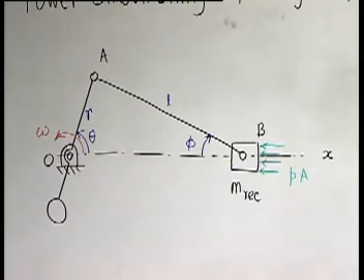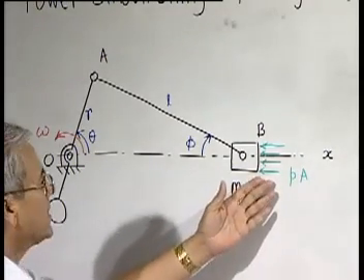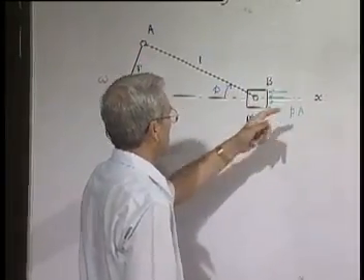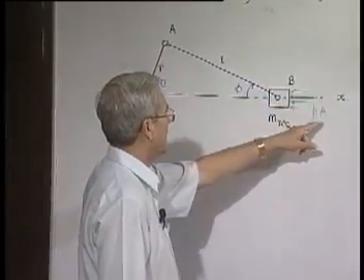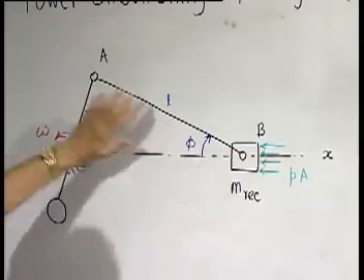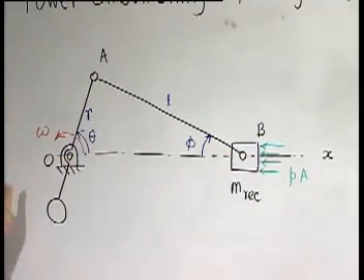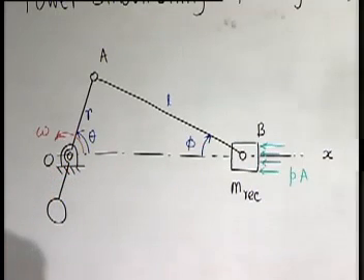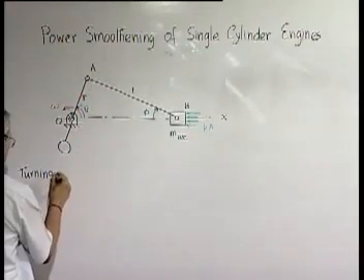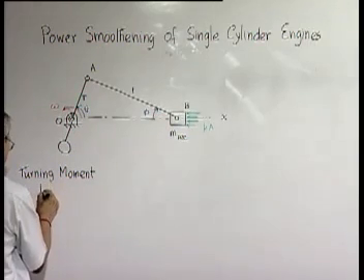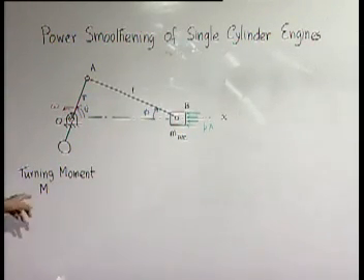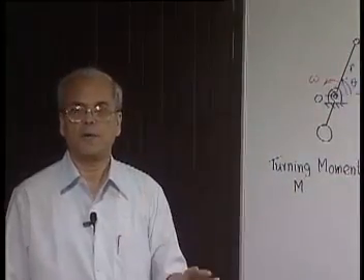Now, what we will do here is to find out, if a gas force, which is the pressure of the gas within the cylinder at that instant multiplied by the piston area A, this total gas force produces how much turning moment on this. The reason is this, that turning moment M multiplied by the speed gives the power input.